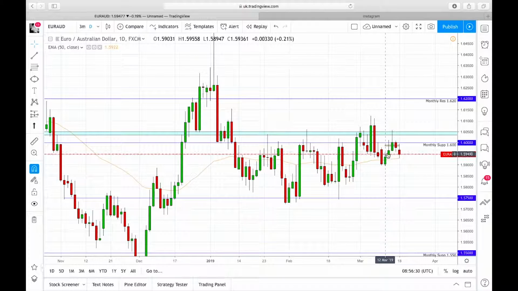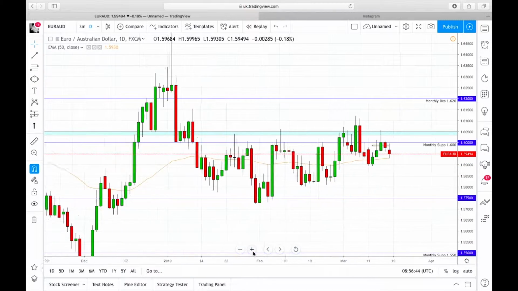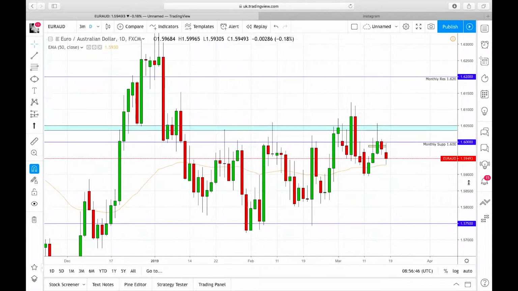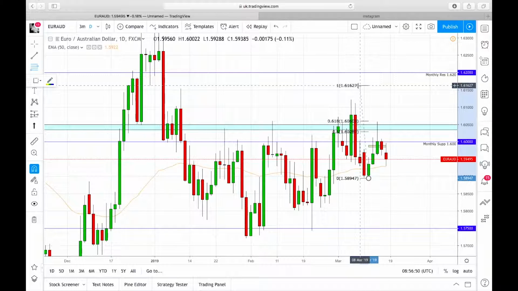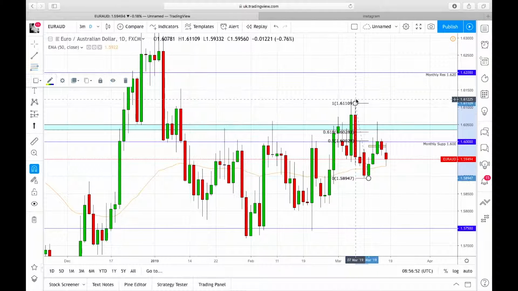We came up, daily candle pinged up, hit resistance at 1.60500s, came back, closed below 1.600s, and now it's establishing potentially what I believe is the next bearish down leg. We could even go in here and just double check what the Fibonacci is on this zone. I might have been confused with what it was on the weekly. Yeah, see, there we go.